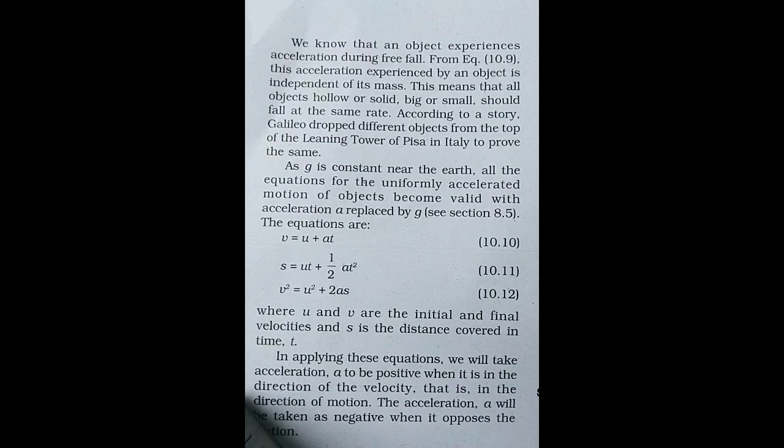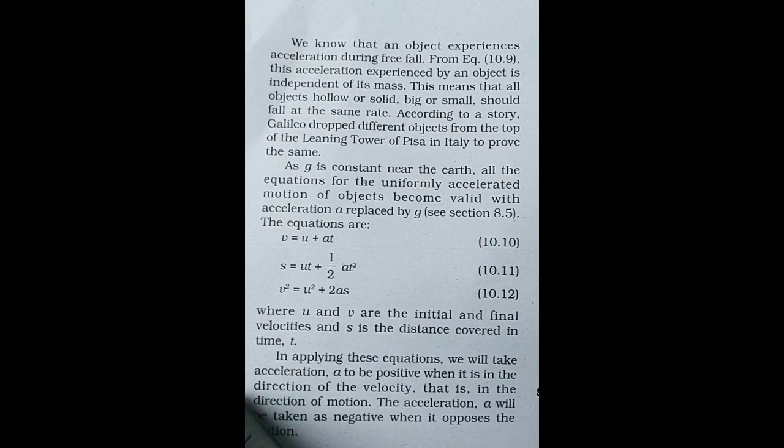Those are v equal to u plus at, where v is final velocity, u is initial velocity, a is acceleration and t is time, and s is equal to ut plus half at square, where s is distance, u initial velocity, t time, a acceleration due to gravity, and v square is equal to u square plus 2as.